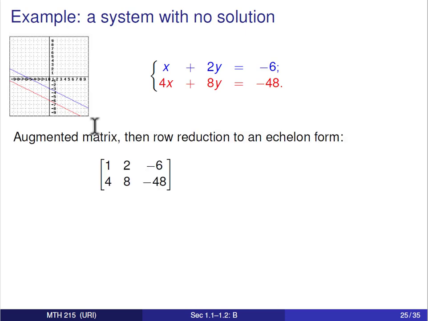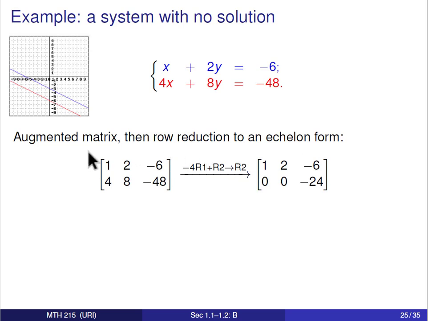Let's follow the steps. Step 1 is to write the augmented matrix of the system. Step 2 is to use elementary row operations to row reduce your matrix to an echelon form. Because I have a leading entry in that first column, I need to create a 0 underneath it. So I might take -4 times row 1 and add it to row 2 to make my new row 2.